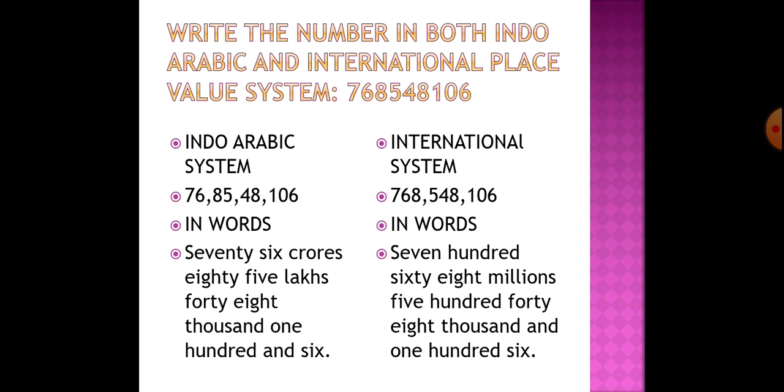But here in international system we are having only 3 periods and there are 3 digits in each period. So first let us read the number in Indo-Arabic system. We will read this number as 76 crores 85 lakhs 48,106.